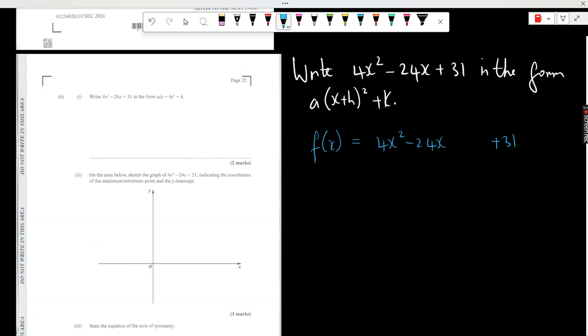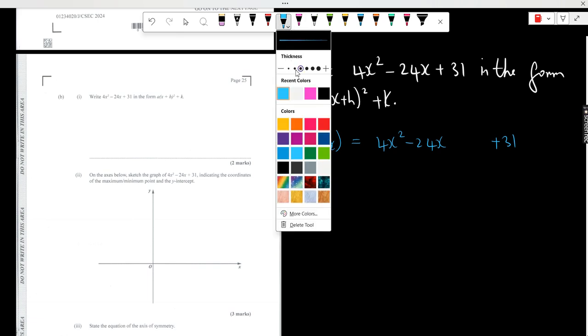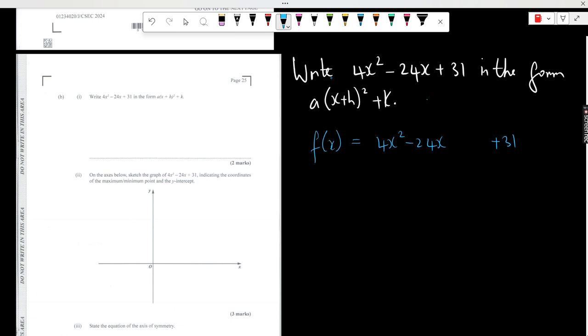Now, whenever we are required to complete the square of a quadratic, we must first check the value of a. Now, remember that a quadratic is generally of the form f of x is equal to ax squared plus bx plus c. If you compare those two equations, what is the value of a?